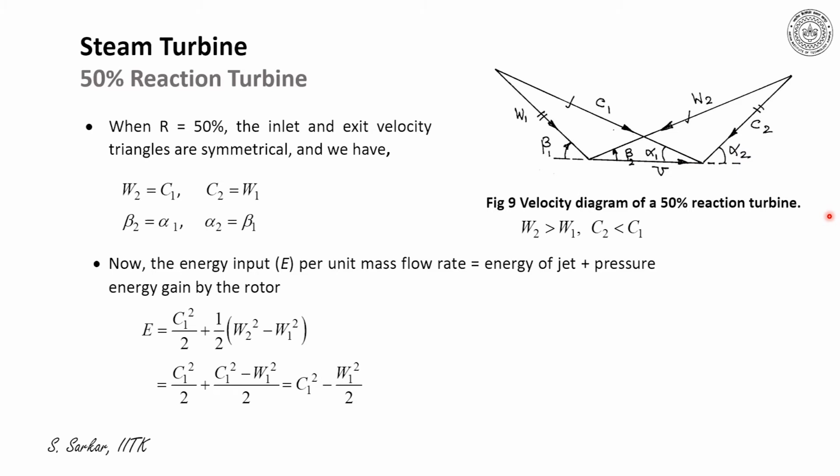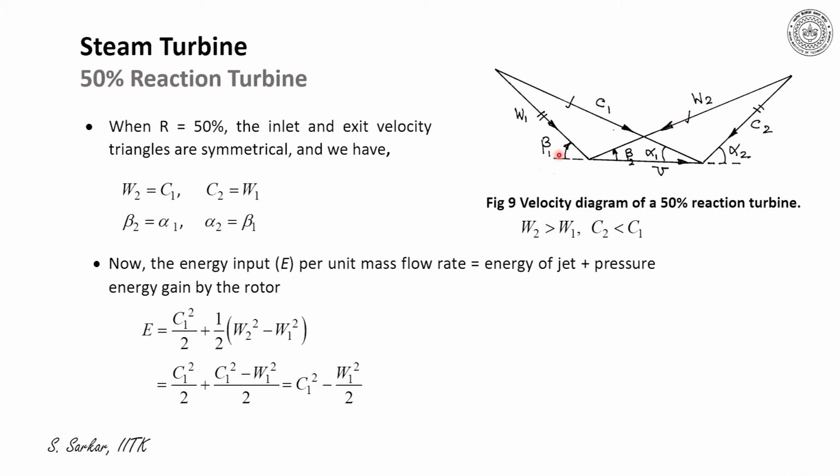Now, since it's a reaction turbine, the pressure decreases within the rotor, thereby W2 will be greater than W1 because the flow has accelerated. However, in a 50% reaction turbine, both the triangles are symmetrical, hence W2 should be equal to C1 and W1 would be equal to C2.